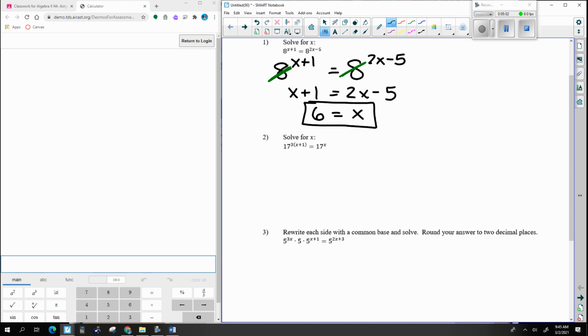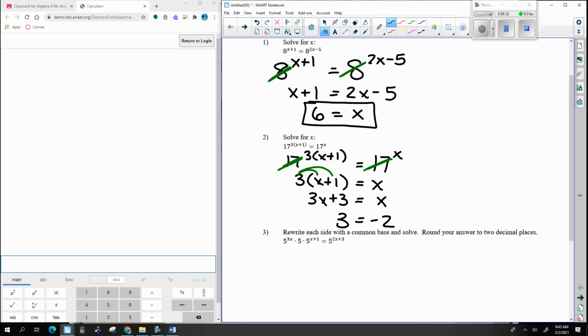They're both 17. So the 17s drop, which leaves me with 3x plus 1 is equal to x. I have to multiply into this parentheses. I subtract 3x, and I divide by -2.